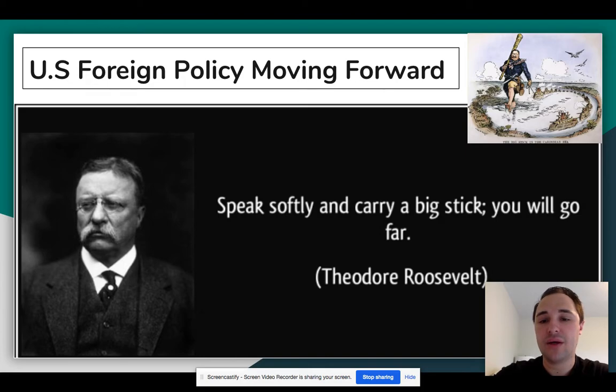and carry a big stick. Carrying a big stick means to have a strong military force behind you and to show and inform the foreign countries around the world that you have a very impressive large military.